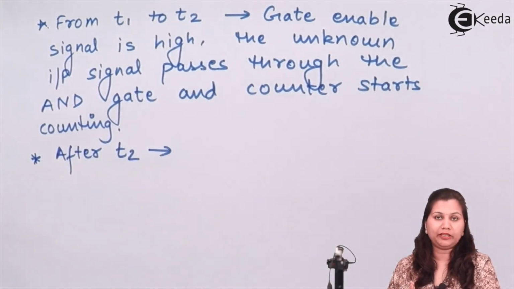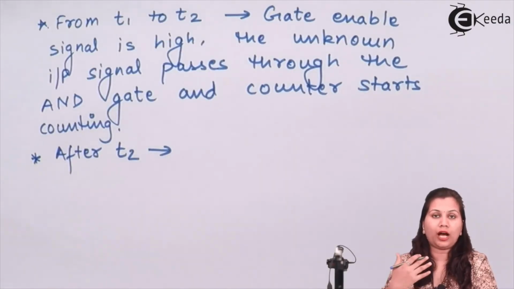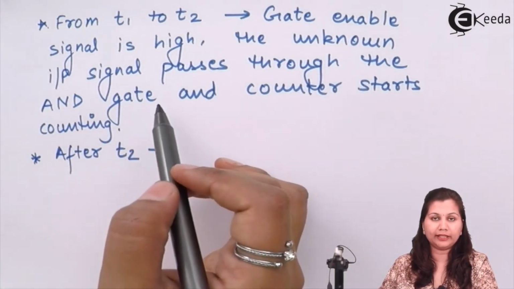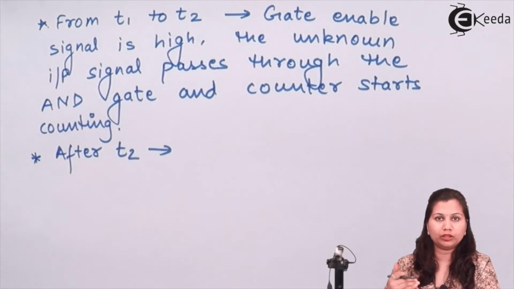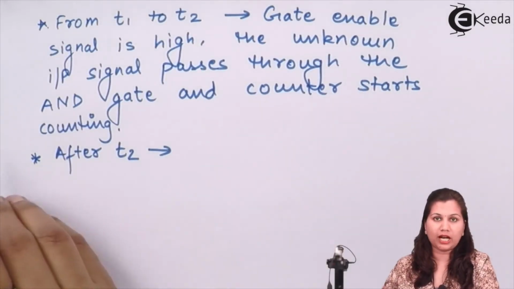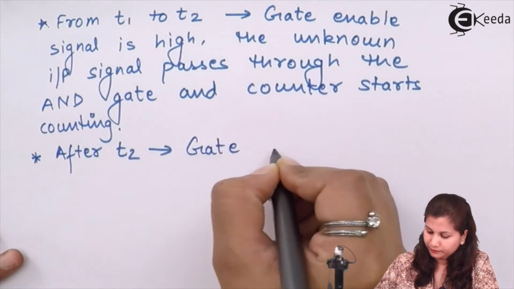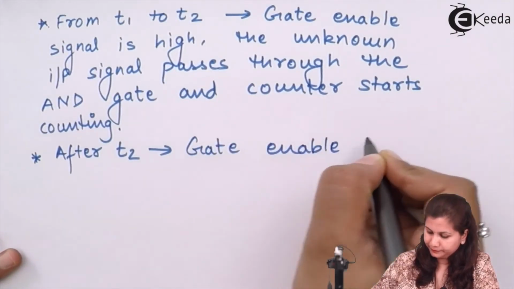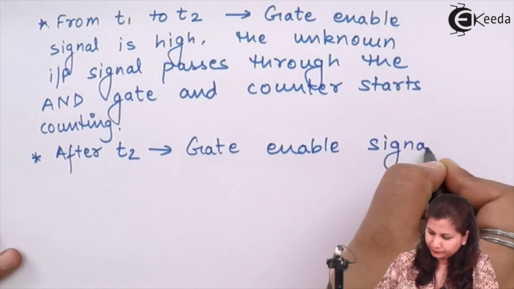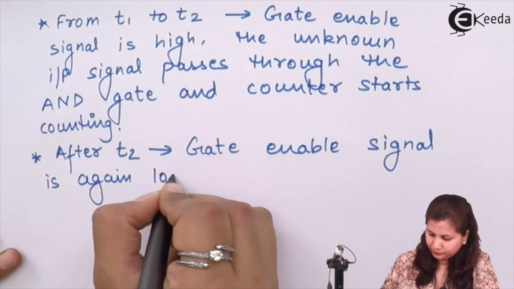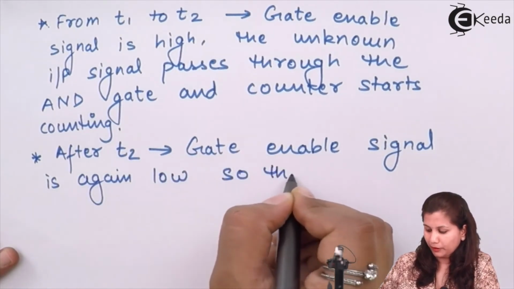Between the time interval T1 to T2, because the gate enable signal is high, the output of the AND gate will follow the input signal. The unknown signal passes through the AND gate, so the output varies according to the input and the counter starts counting. Now after T2, the gate enable signal is again low, so the counter will stop counting.